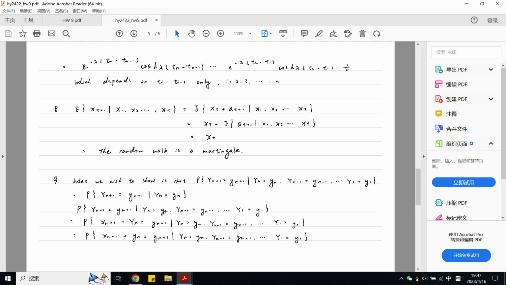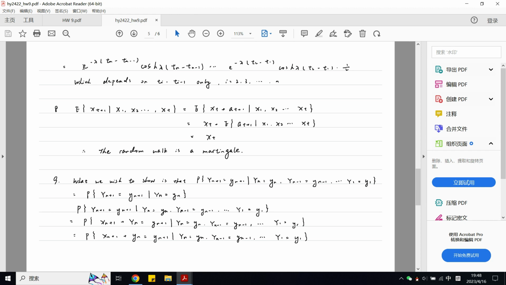So we can substitute this term into this formula, and we can simplify it, which equals e to the power of negative lambda (t_n minus t_{n-1}) times cosh of lambda times (t_n minus t_{n-1}), and then times e to the power of negative lambda (t_2 minus t_1) times cosh of lambda times (t_2 minus t_1), times 0.5.